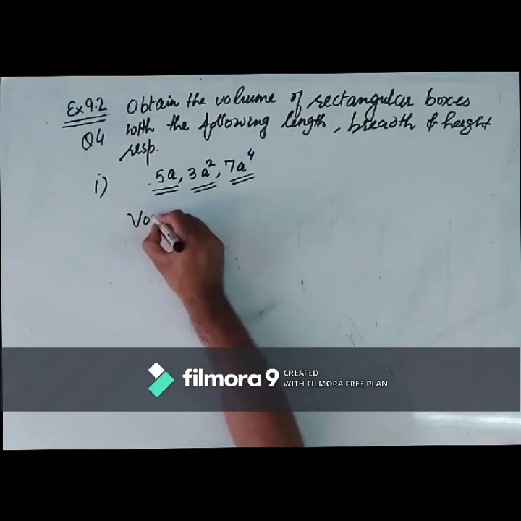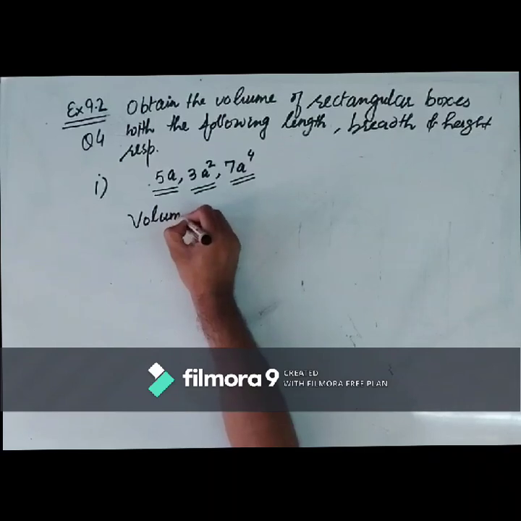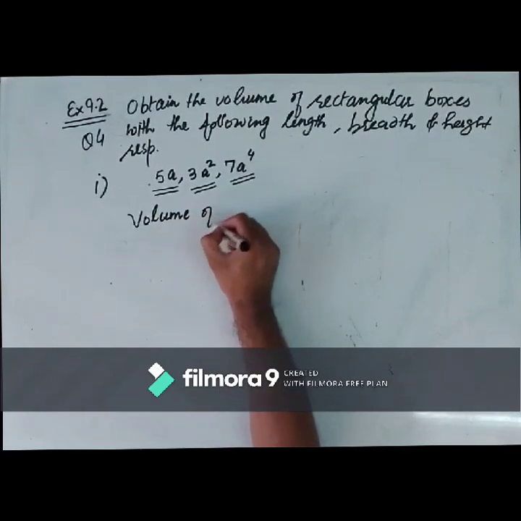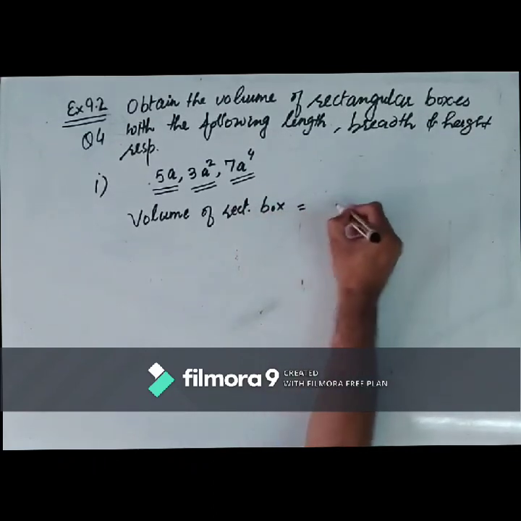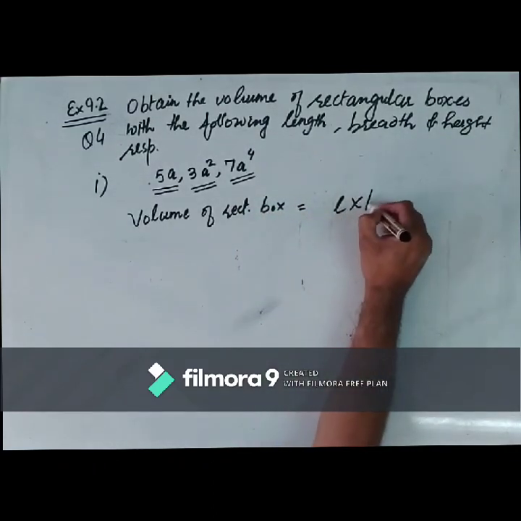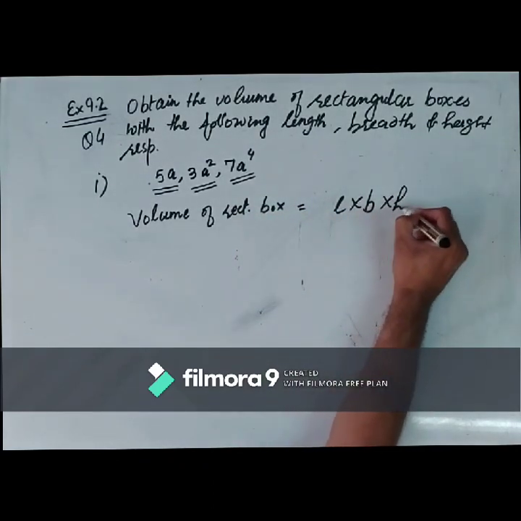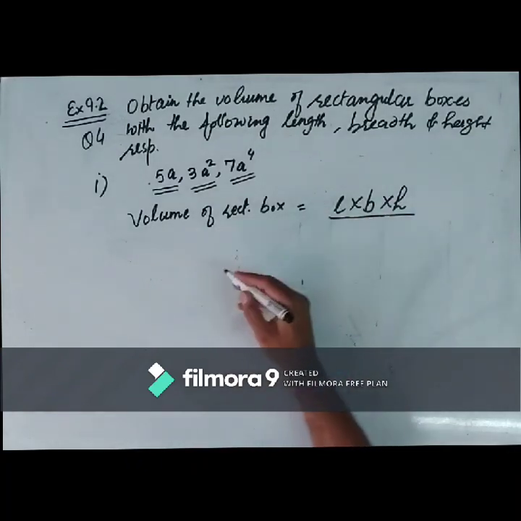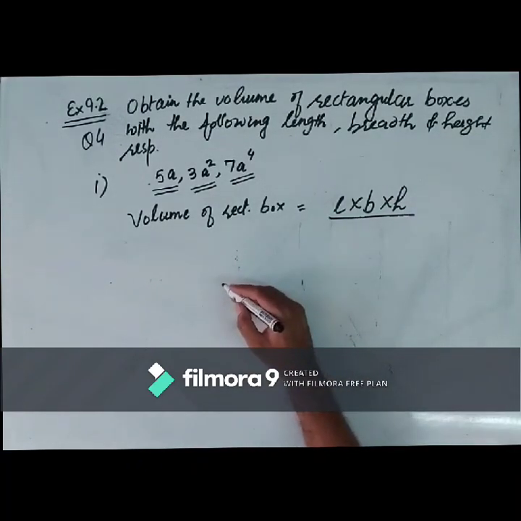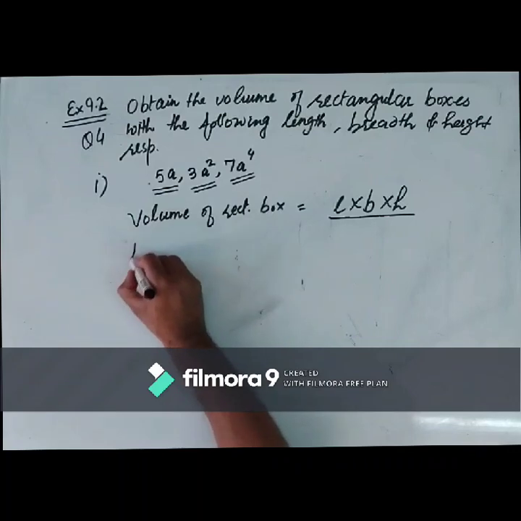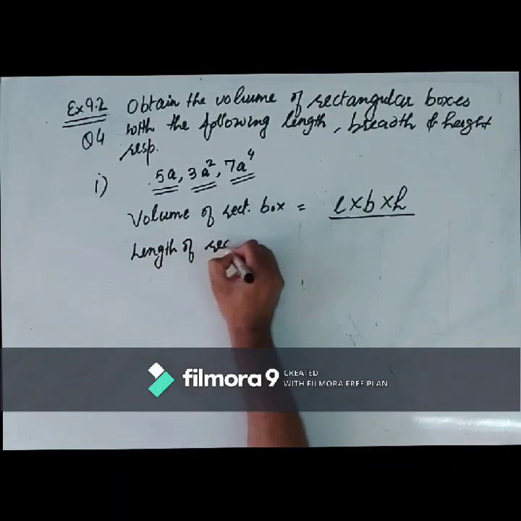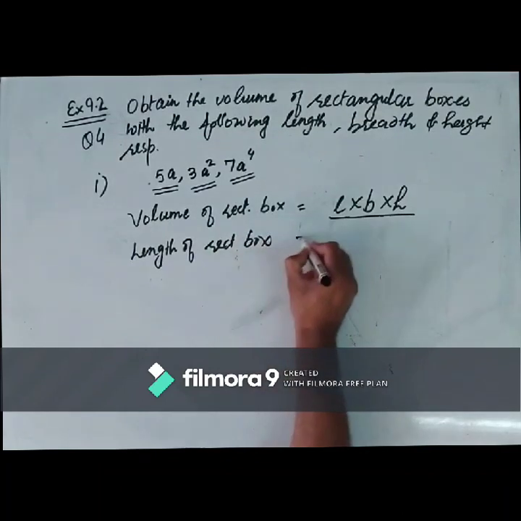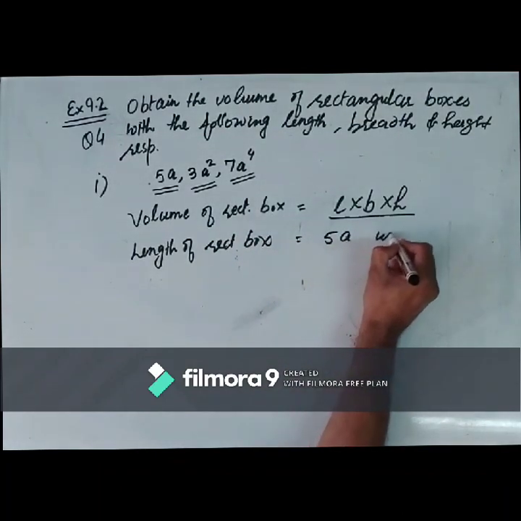If anyone is not knowing, then let me tell you, the volume of a rectangular box is always equal to length multiplied by breadth multiplied by height. So the volume formula is length into breadth into height. So here we have the length of the rectangular box given as 5a units, right?